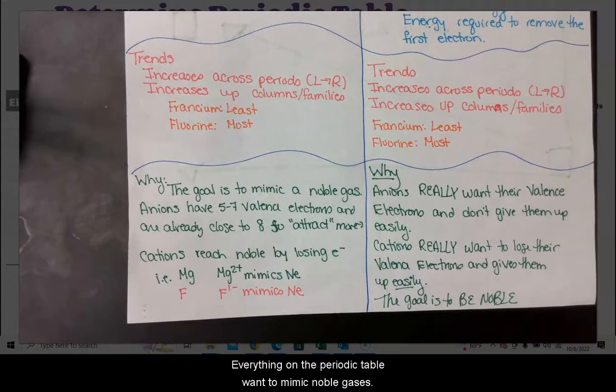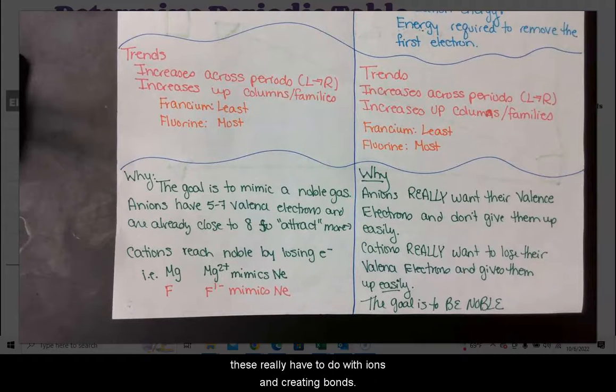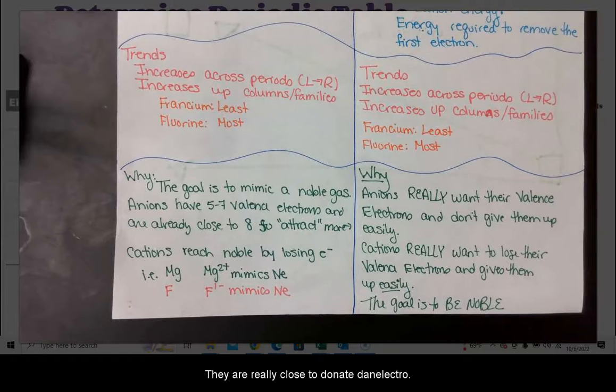Everything on the periodic table wants to mimic noble gases. So if you think of things in terms of ions, because both of these really have to do with ions and creating bonds, anions already have 5 to 7 valence electrons depending on the column. So they are really close to those 8 valence electrons.